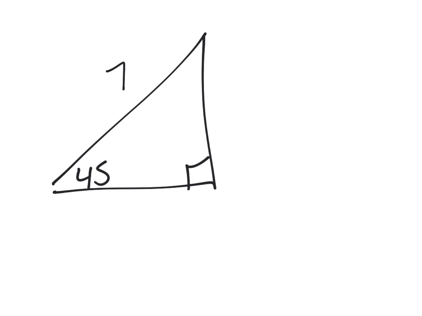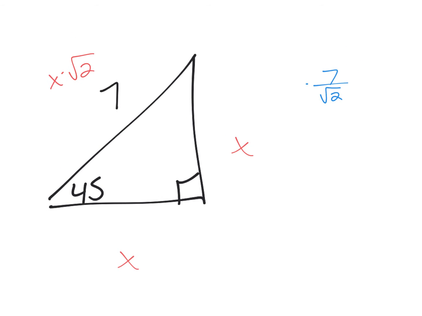Right, now here's the hardest level one. I don't know if you'll see very many of these in your homework and stuff today, but I'm going to do it anyway. So again, how do you get from the hypotenuse to the leg? So I'll label it so it helps a little bit. How do you get from a hypotenuse to a leg? You divide that by the square root of 2. Okay, we need to get that square root of 2 out of the denominator because if you remember back to our rules, you cannot leave a square root in the denominator.